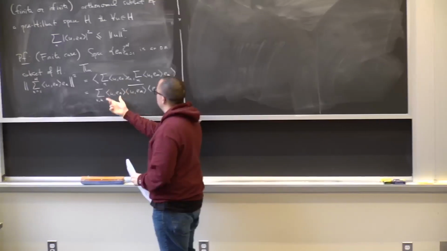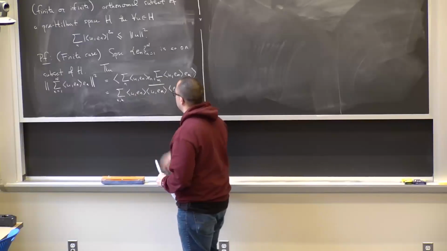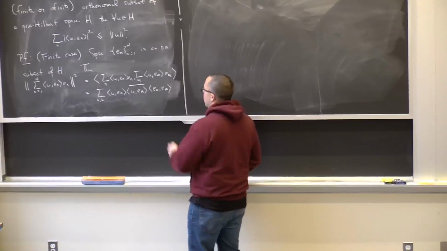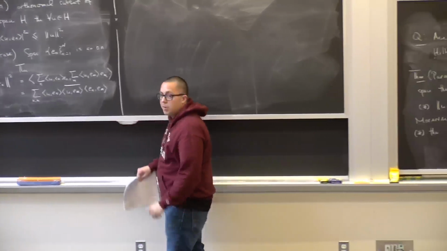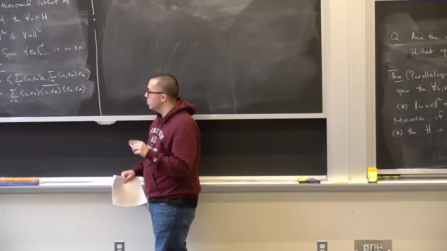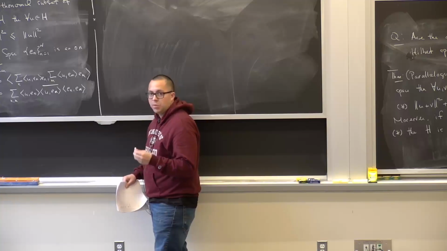This is a number, it just comes out, and gets hit with a complex conjugate when it comes out. Now, the inner product of e_n with e_m is 0 when n does not equal m, and is equal to 1, because it's the norm of e_n squared, when n equals m.